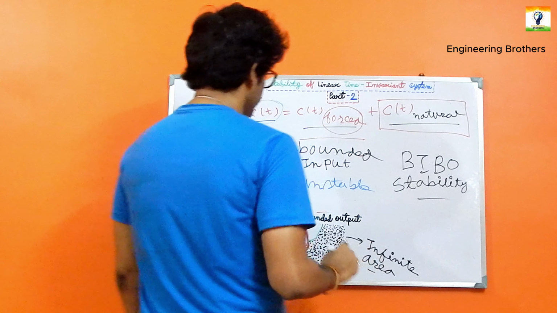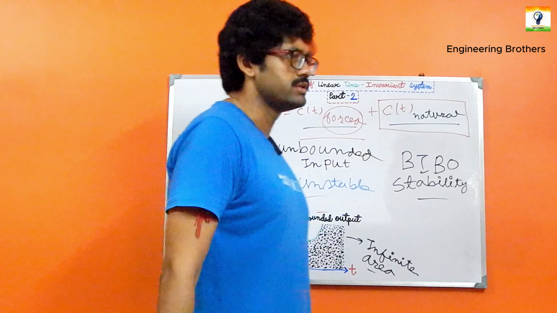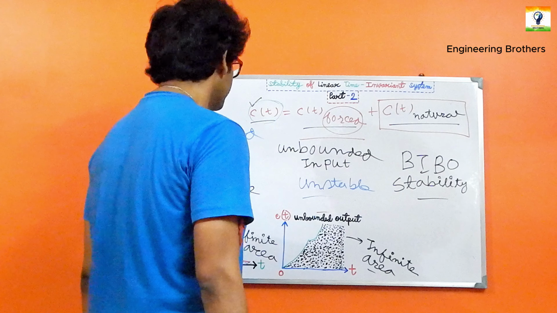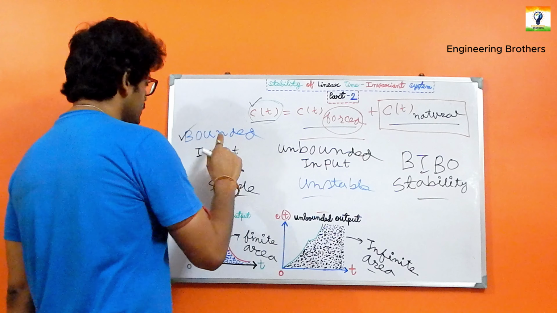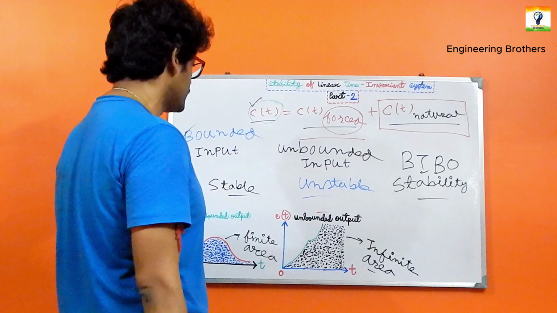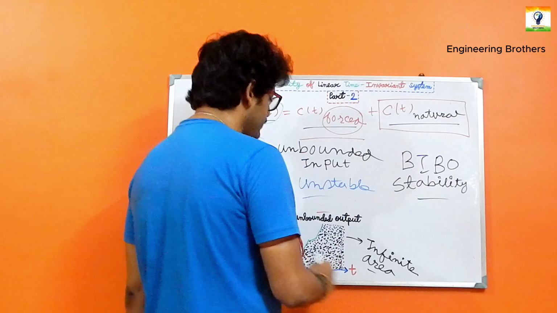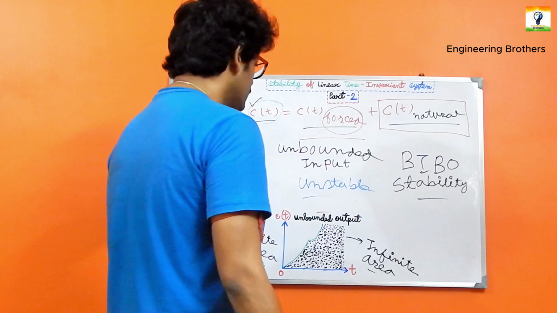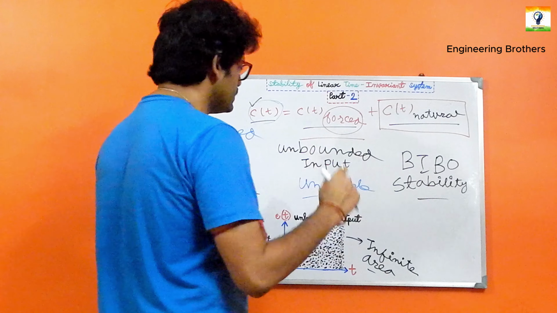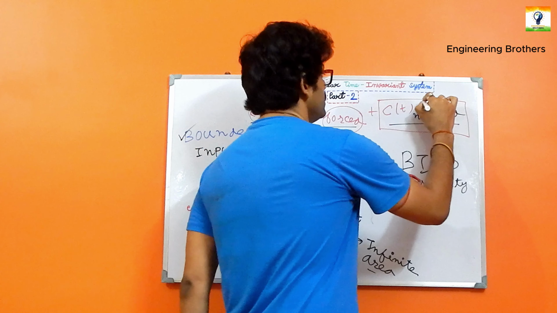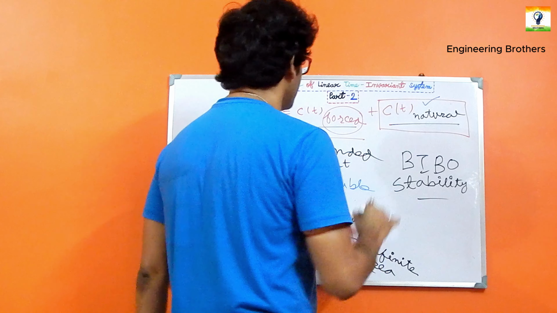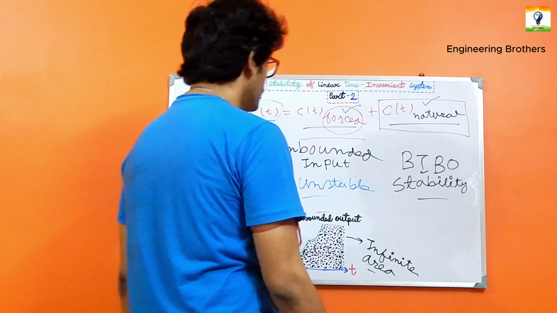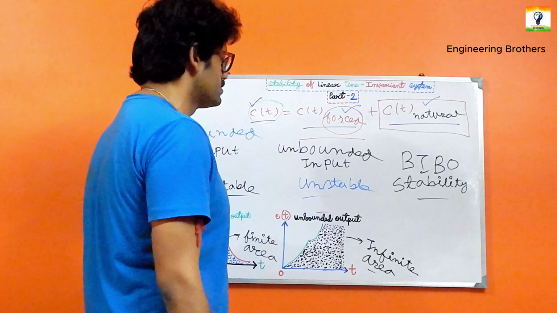Okay, but there are some other conclusions that are very important over here. First of all, if you apply the bounded input in both cases, but still we have an infinite area output waveform, then we cannot exactly define which one, the natural response or the forced response, is more suitable to establish the stability consideration.